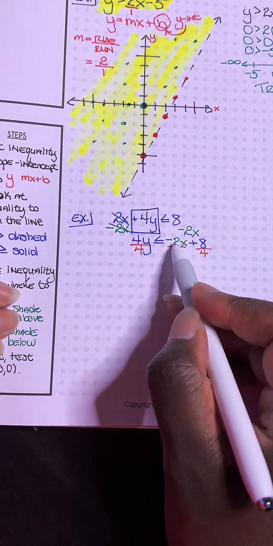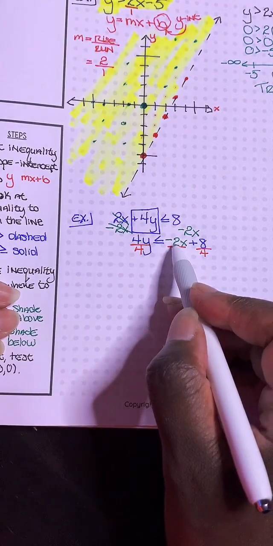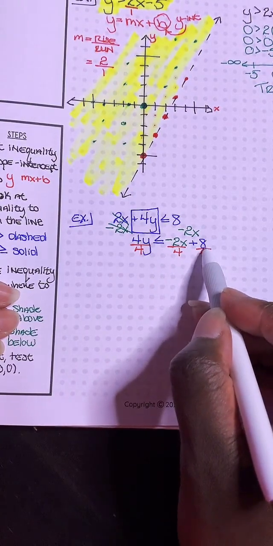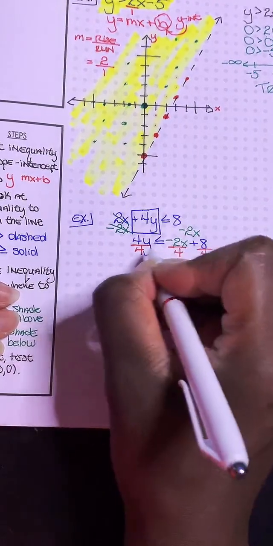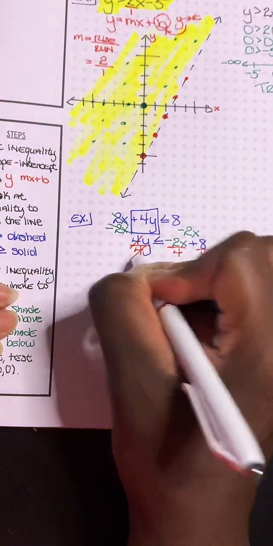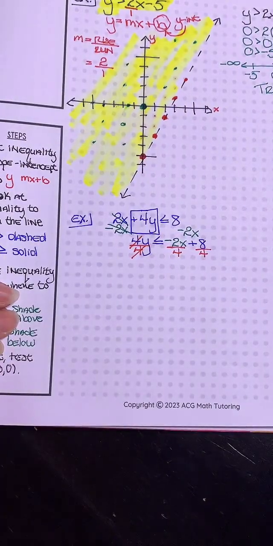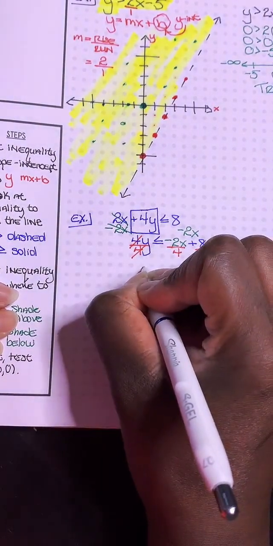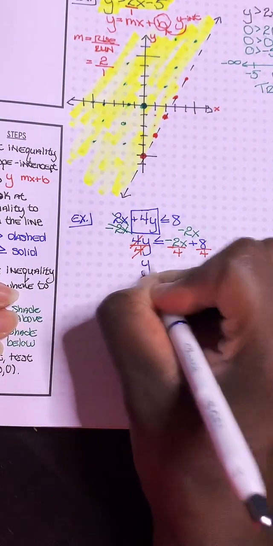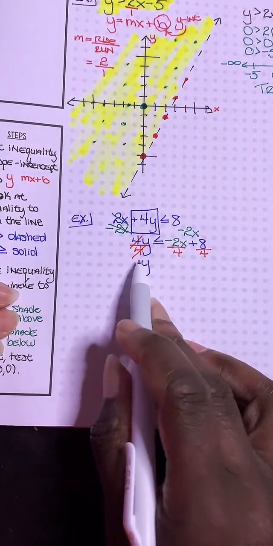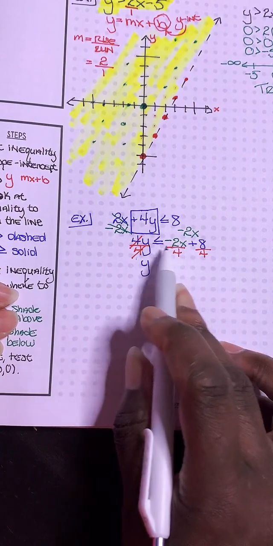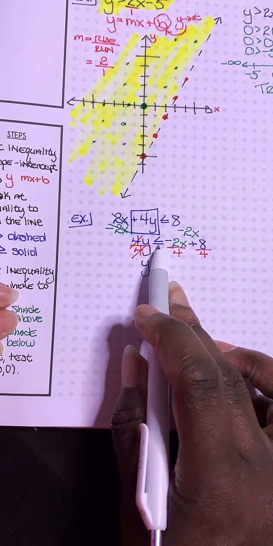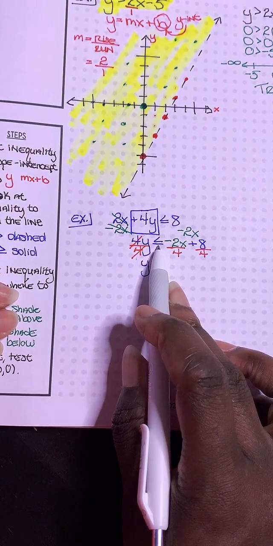A lot of people remember to do the division with the negative 2, but they forget to do the division with the 8. So that's why I just separated. So 4 divided by 4 will give me 1, but I don't need the 1 because I have the y. Since I divided by a positive 4, that means my sign does not change direction.